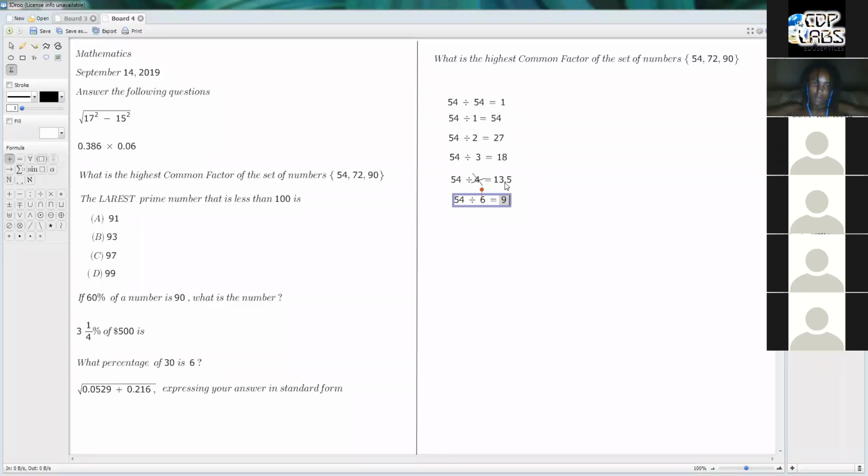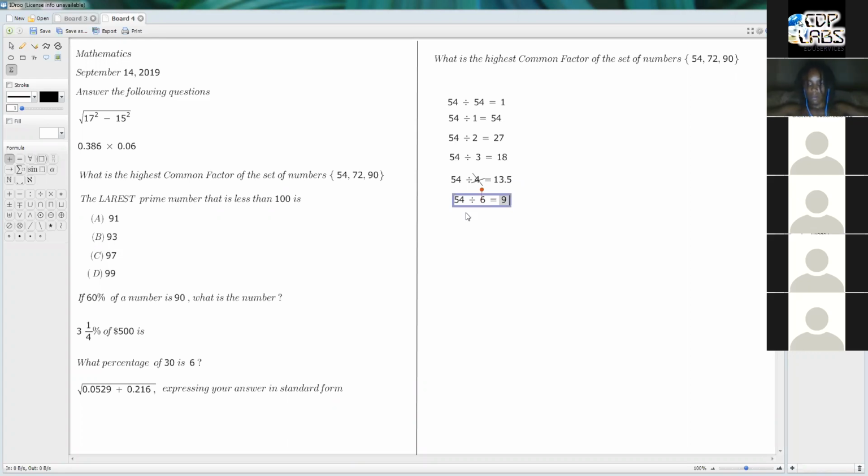Please note that the numbers that you get on the outside here, the quotient, are also factors of 54. Because if you were to divide 54 by 18, you'd have gotten 3. If you were to divide 54 by 27, you'd have gotten 2. If you were to divide 54 by 9, you'd have gotten what? 6.